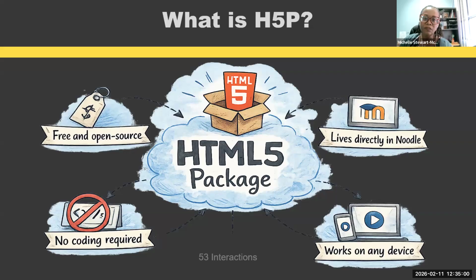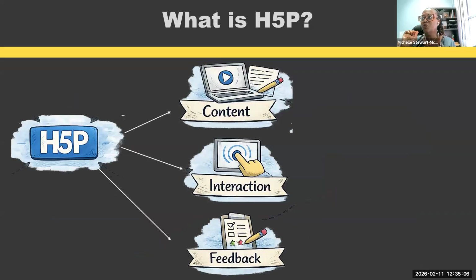Now, so I spoke about all of that. Okay, let's move on. So when you think about H5P, we need to think about one of the things that you responded to in the poll, where you pointed out the time it takes to come up with these things. Every interaction in H5P, regardless of the type.